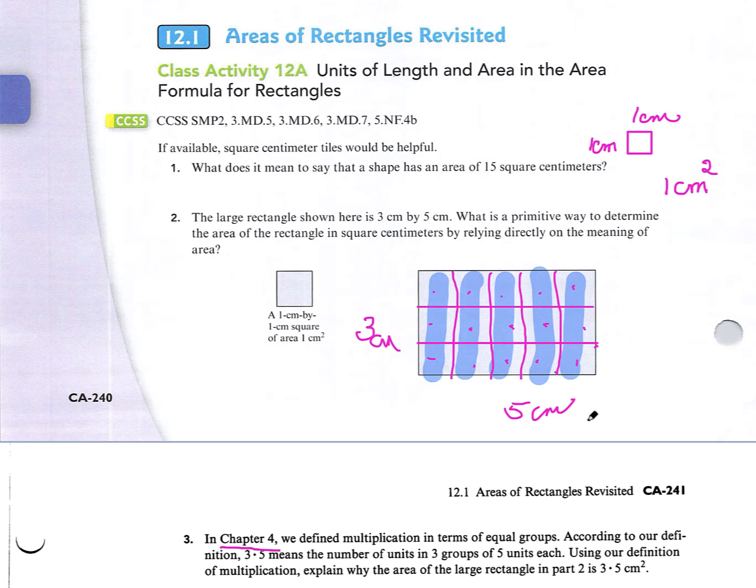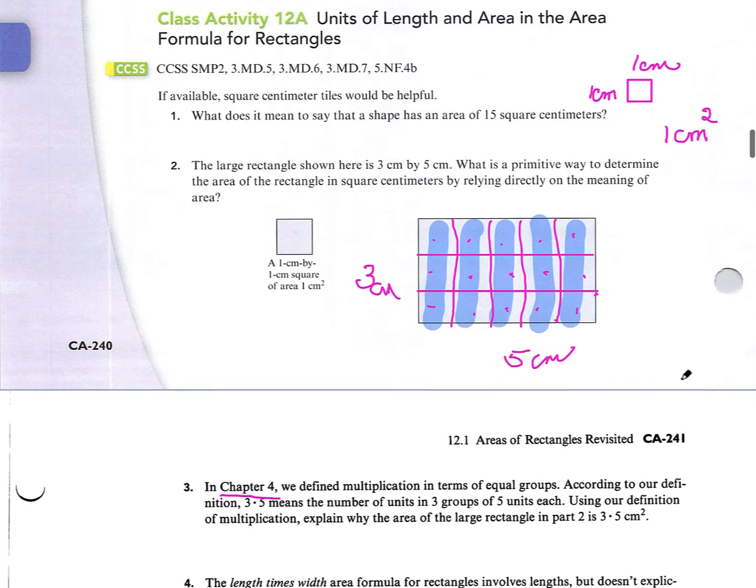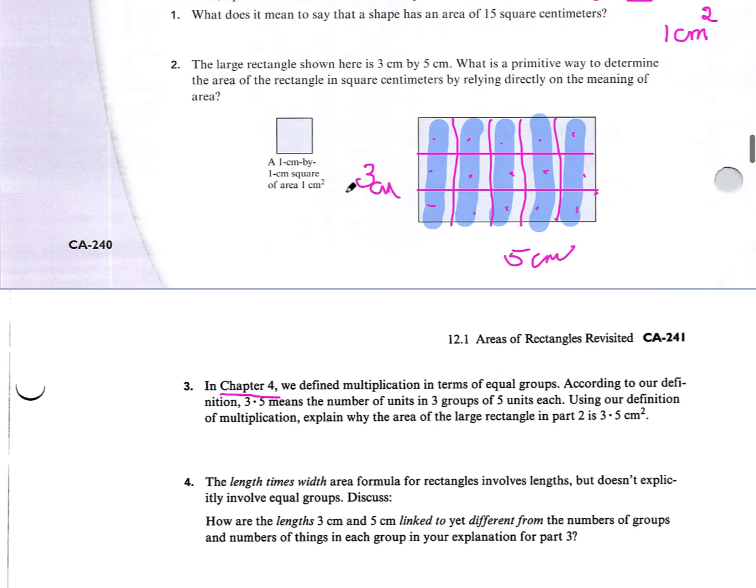When we look at the area of a rectangle, we can think of it as 3 groups of 5. So basically we have 3 rows with 5 of these 1 by 1 boxes in each one of the rows. Or we can think of it as 5 columns with 3 of these boxes in each one of these columns.